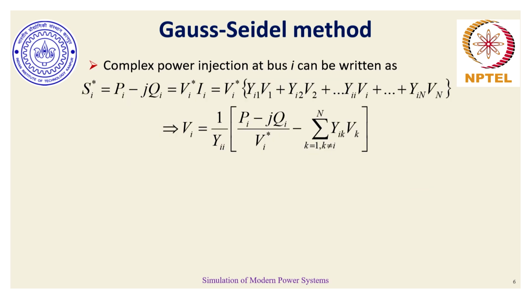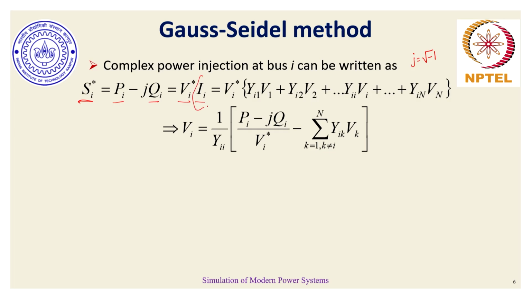So we have already seen this complex power injection equation thanks to the VI conjugate and II product. So S_i conjugate is V_i conjugate I_i, where P_i and Q_i are the respective real and reactive power at bus number i, and j being the complex operator which is root over of -1.